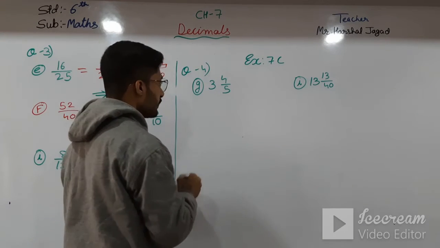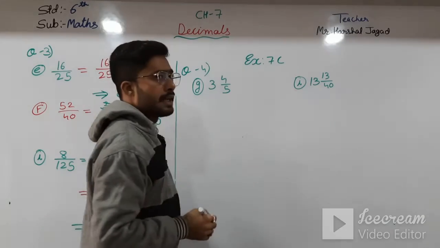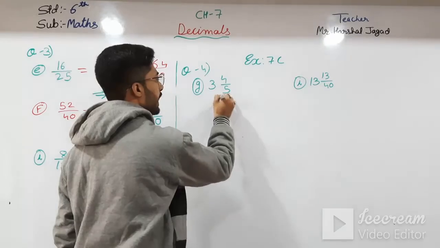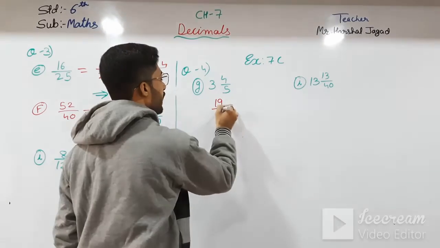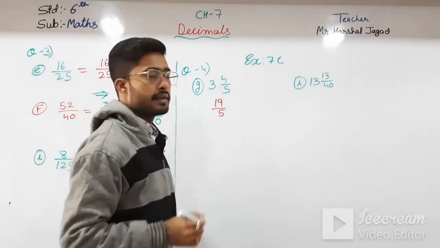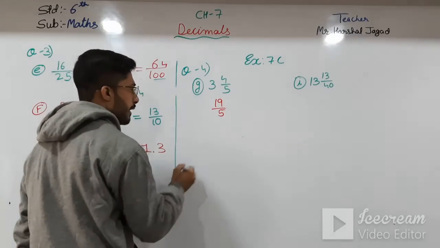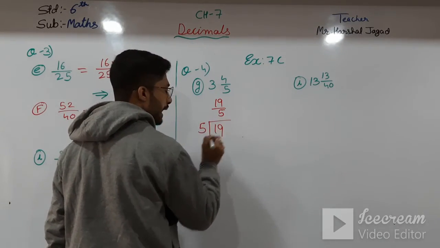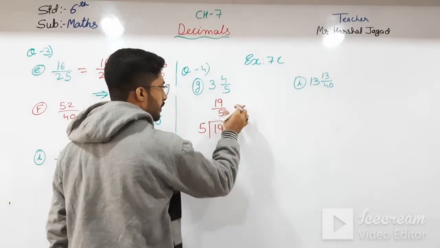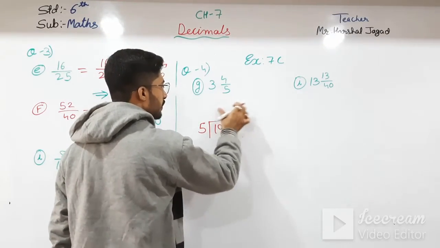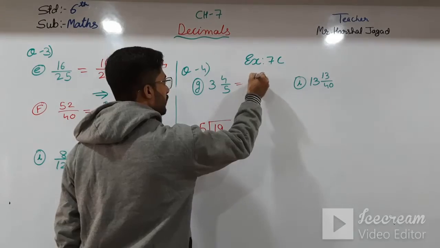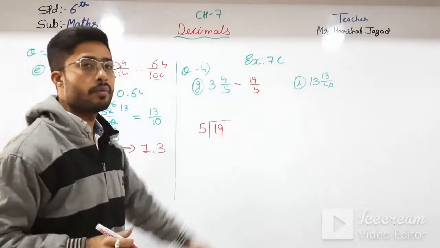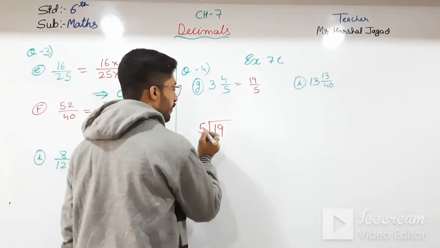5 3s are 15, 15 plus 4 is 19 by 5. Yes or not, students? Yes. Now we will divide this, that is 19. I have converted this mixed fraction into an improper fraction.